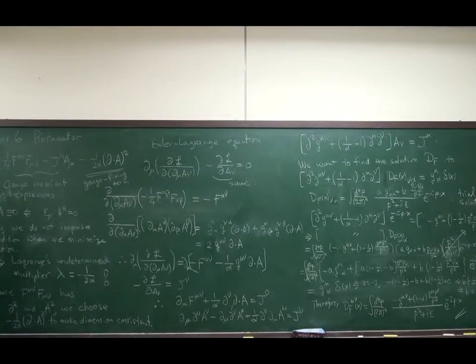So in any case, the divergence of A can be treated to be 0. So in this gauge, divergence A is 0. So why don't we copy the method that has been used for constraint equations? In classical mechanics, if there is a constraint, we just introduce a Lagrange undetermined multiplier, and usually we use that lambda to find the constraint force so that an object moves along the constraint equation.